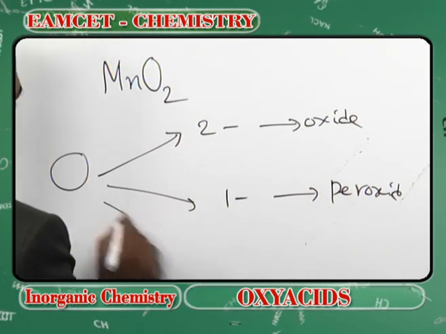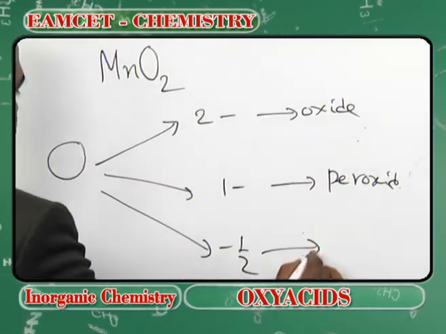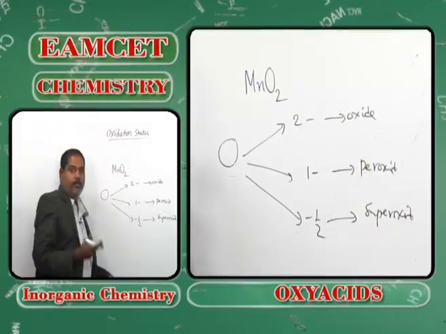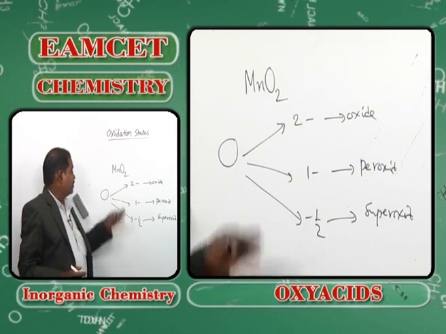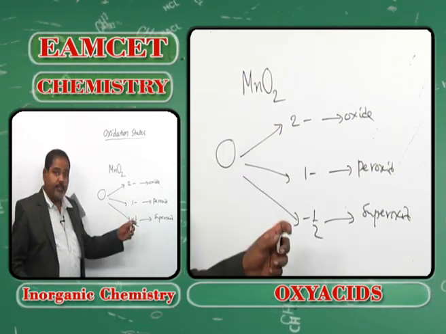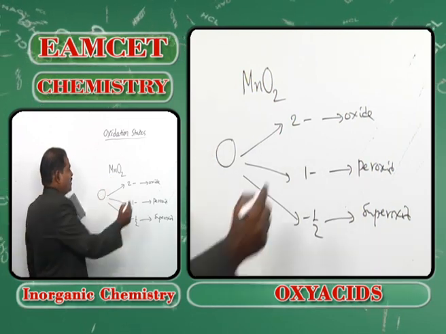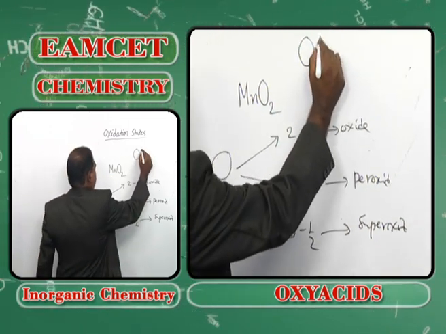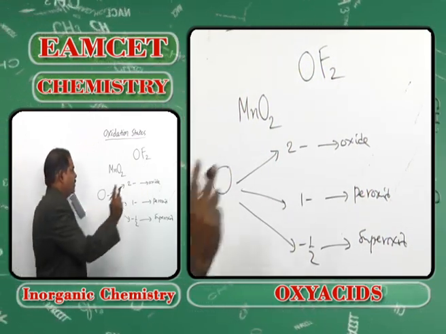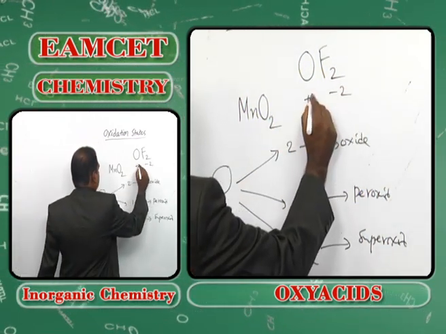If oxygen is -half, it is called a superoxide. So how much is oxygen here? We don't know. How much is manganese? We don't know. When there is an element with a fixed oxidation state, for example OF2, you are very sure about oxygen, because fluorine is -1. So -2 plus 2.